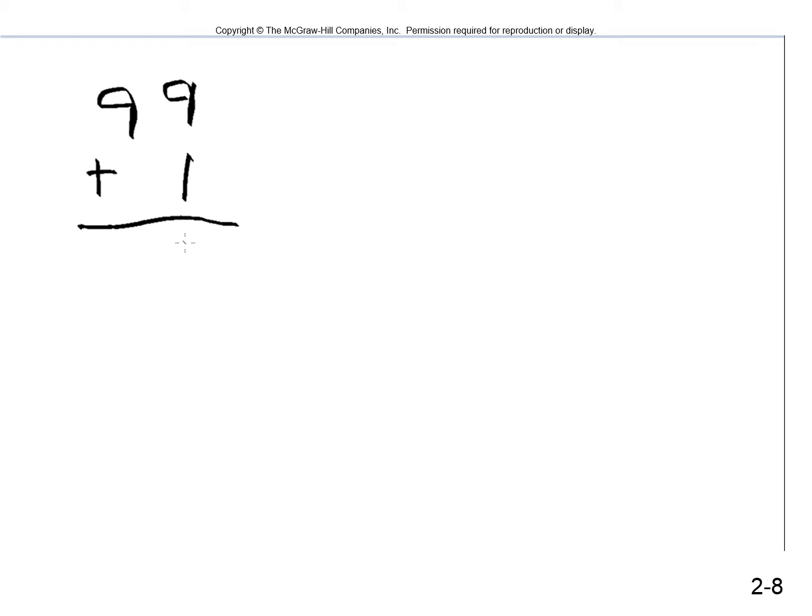So how do you do this? 9 plus 1 is what? 0. And you have a carryover of 1. 1 plus 9, and you could, in effect, put a 0 here. 9 plus 0 plus 1 is 0, and you carry over a 1.